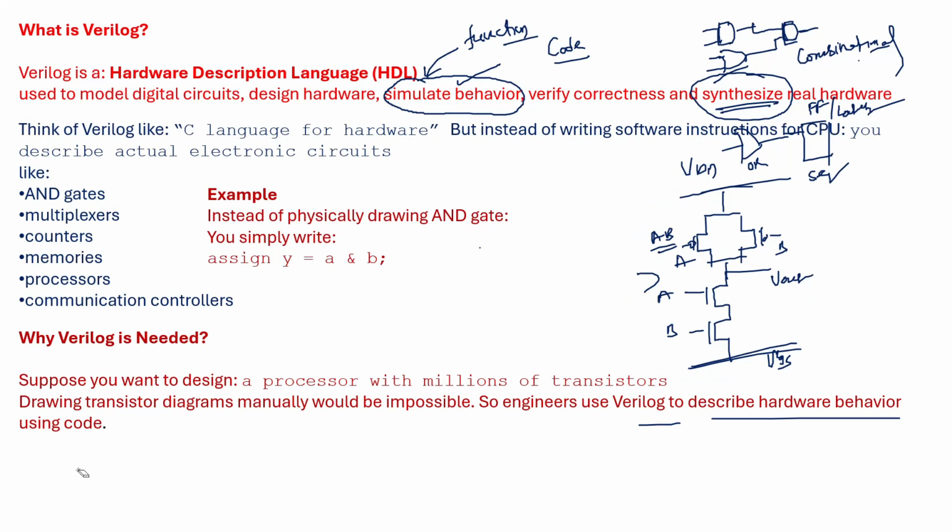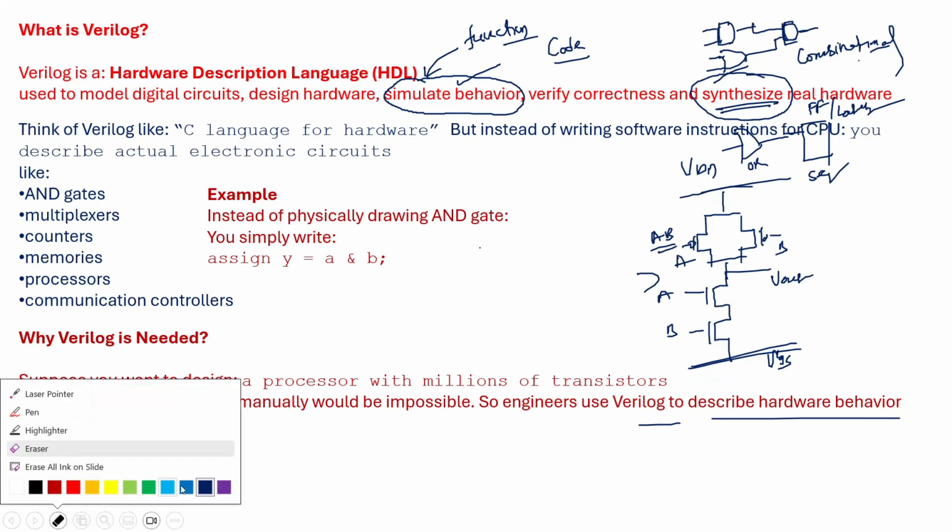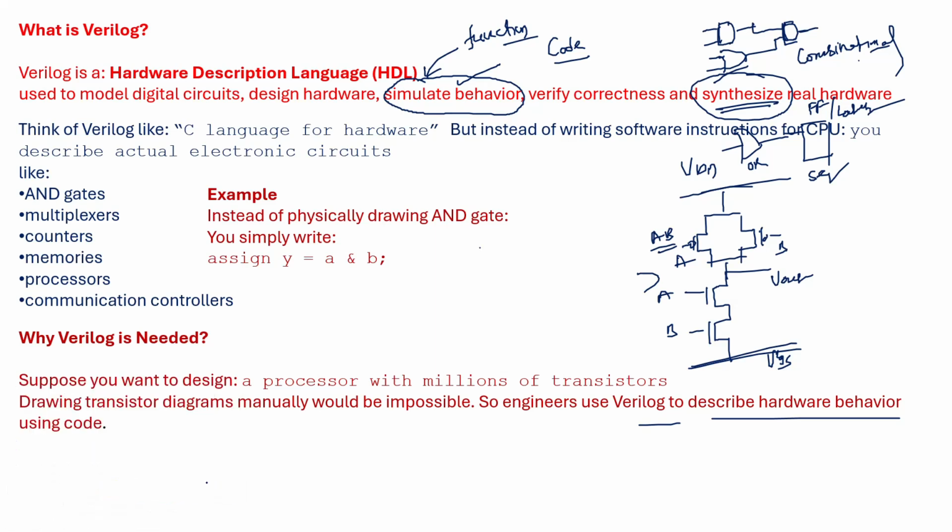The processor is the combination of different circuits, right? That CPU is the main part of your system. In that processor we need thousands of transistors. Implementing those transistors in that IC is not possible.